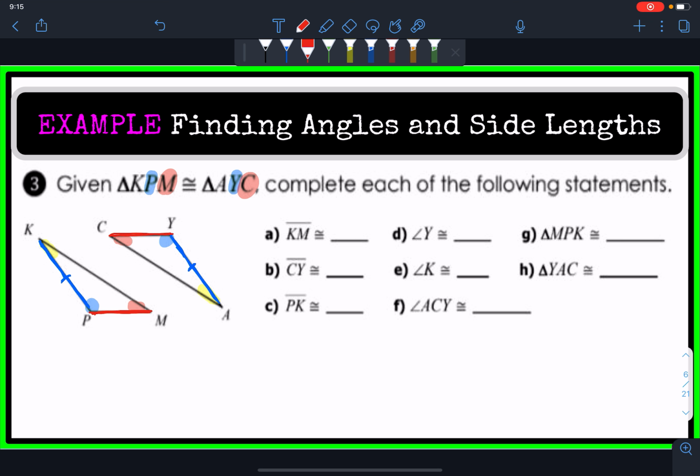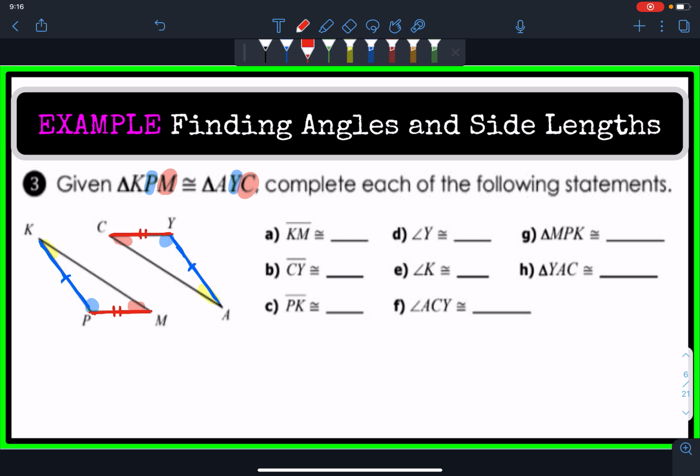Now it's easy to indicate again that they're the same by using different colors, but if I don't have different colors, then what I use is a little marker, like a little tally, and since this is the second side that I'm indicating are congruent, I'm going to put a little tally mark of that there. So those two sides are equal to each other.